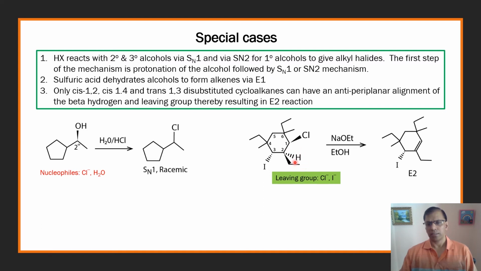And this is the hydrogen right here that can be abstracted. Sodium ethoxide is a strong ionic unhindered base. And this is a protic solvent. So if you recall, an unhindered base is going to abstract the proton.